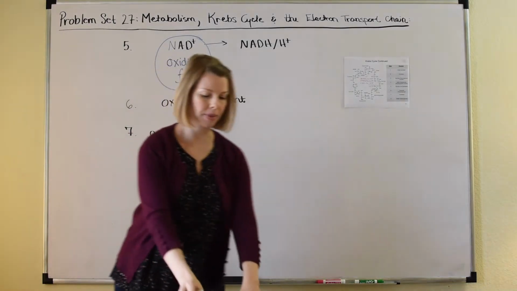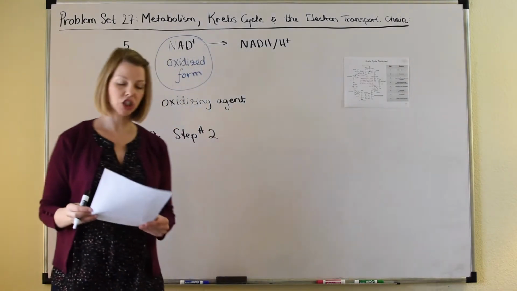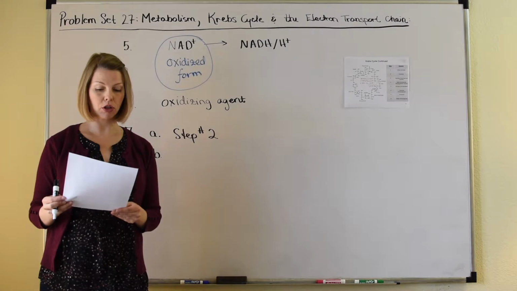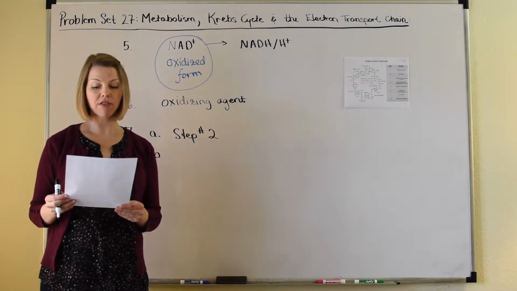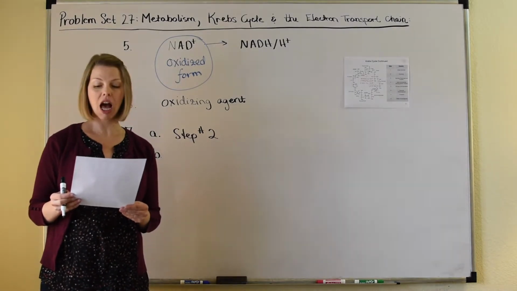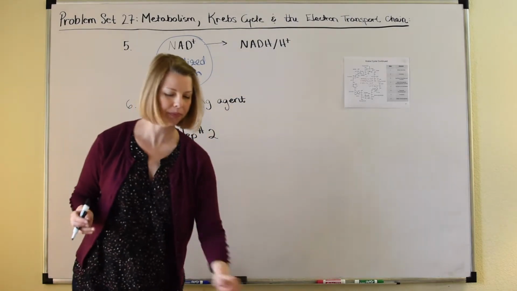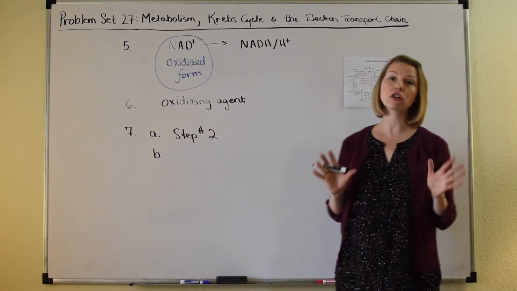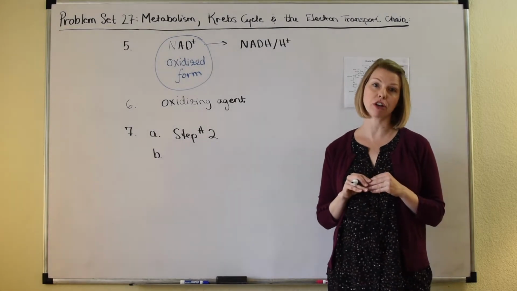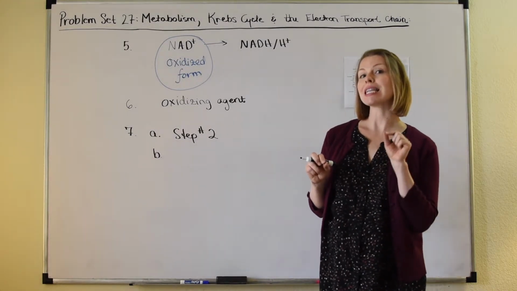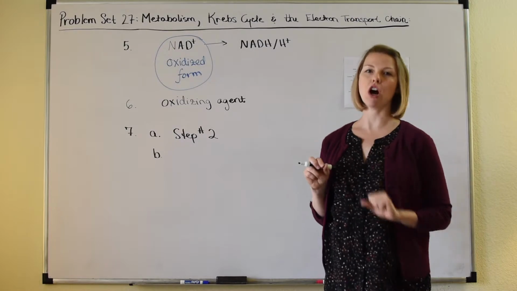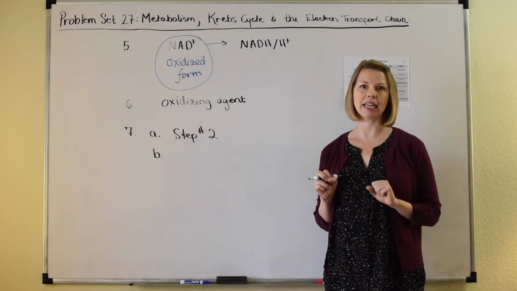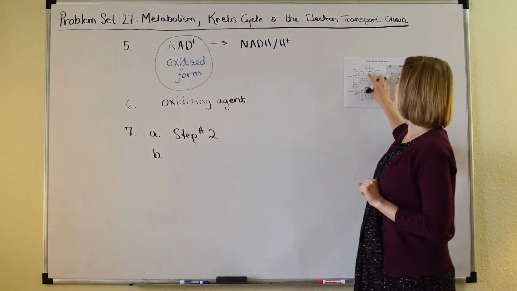Okay, part B. Which step or which steps, plural, of the Krebs cycle involve the oxidation of a substrate? Okay, so the oxidation of a substrate. The easiest way to look for the oxidation of a substrate is to look for the reduction of a coenzyme happening simultaneously. So let's go through all the steps.